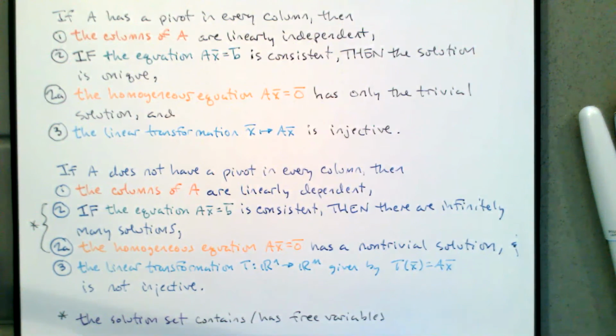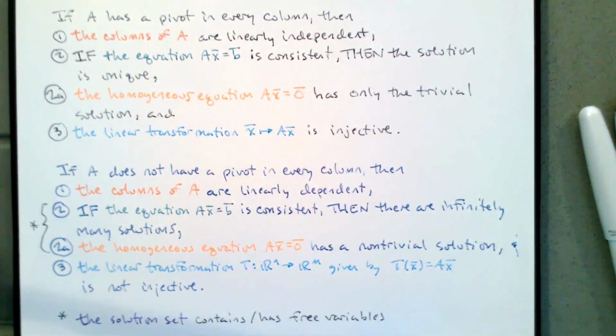Because if we have a pivot in every column, that does not guarantee that there will be a pivot in every row, so we're not guaranteed that there will be a solution. But if there is a solution, then the solution will be unique. So now we get down to how we usually define linear independence.